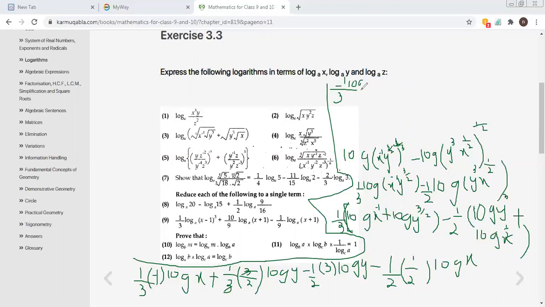And here plus, as you can see, 3 cancels from 3 because they were in fraction form, they are reciprocals of each other, so 3 cancels from 3 and it becomes 1 upon 2 log of y. Is there any confusion? I hope you are understanding. If you have any confusion, you can ask me. Okay, it becomes 3 upon 2 log of y.